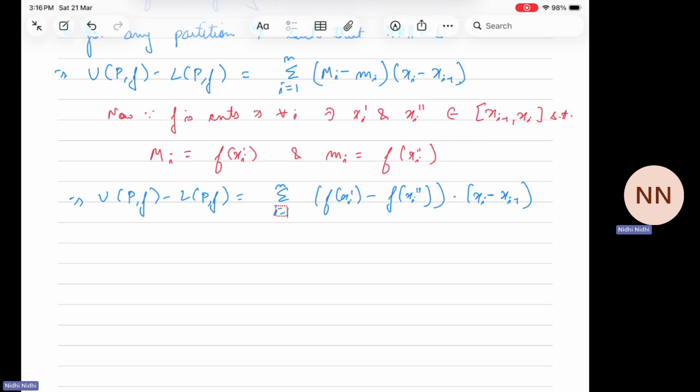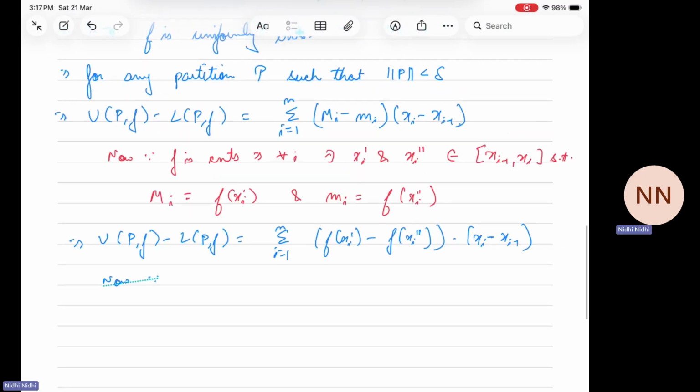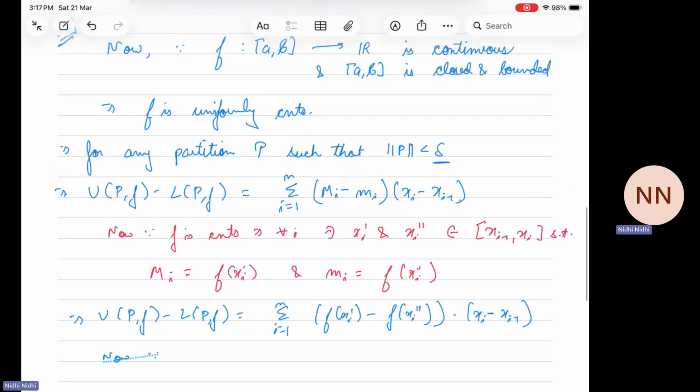Now, since norm P is less than delta, that means mod xi minus xi minus 1 is less than delta. So by uniform continuity, this will be less than epsilon. That means we should have taken this delta specific to the uniform continuity.